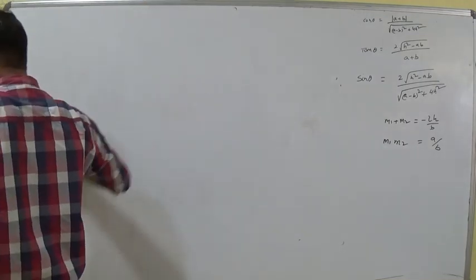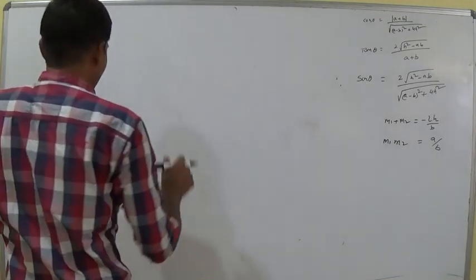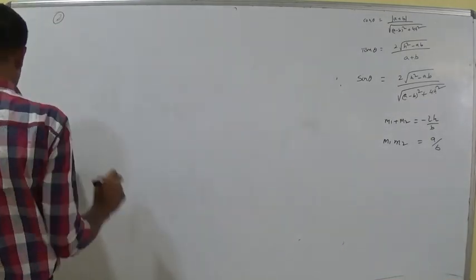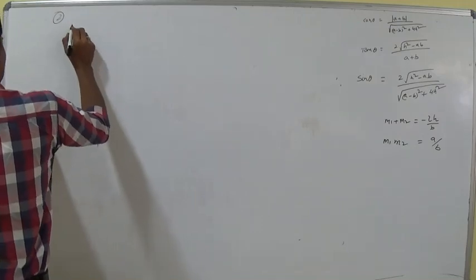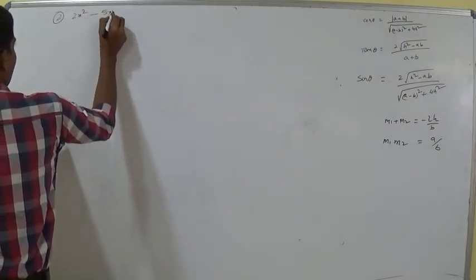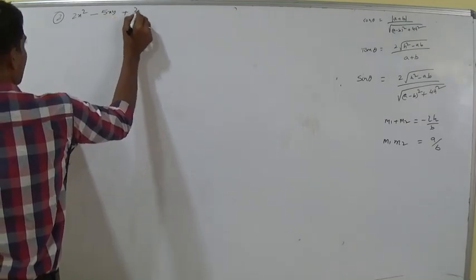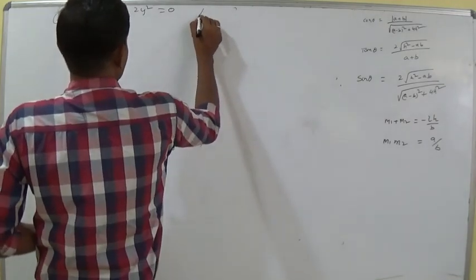The next one is 2x square minus 5xy plus 2y square equal to 0. Then cos theta.